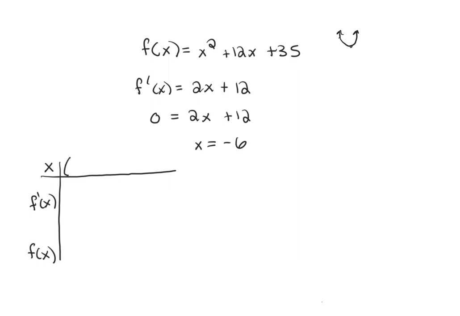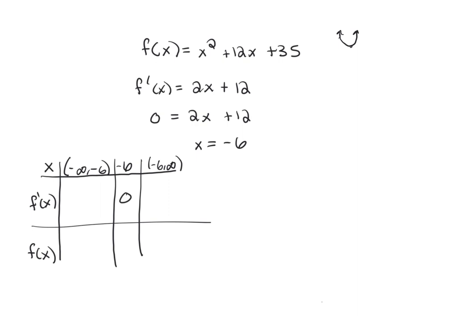Okay, so intervals would be negative infinity to negative 6, and negative 6 to infinity. So the derivative is 0 at negative 6. And then if we look here at the derivative, plug in a super small number, this would be negative.